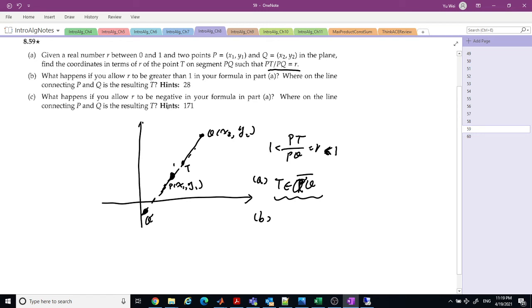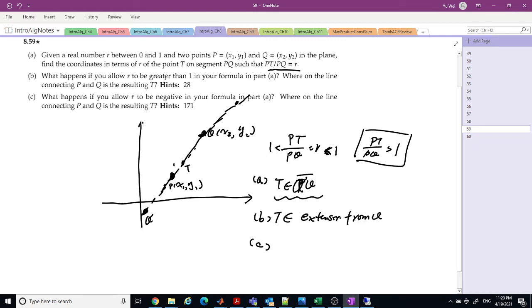So the second one is to allow PT over PQ to be greater than 1. Okay, if we consider the directional, T should be on the extension from Q. T belongs to the extension from Q. The r is to be negative.